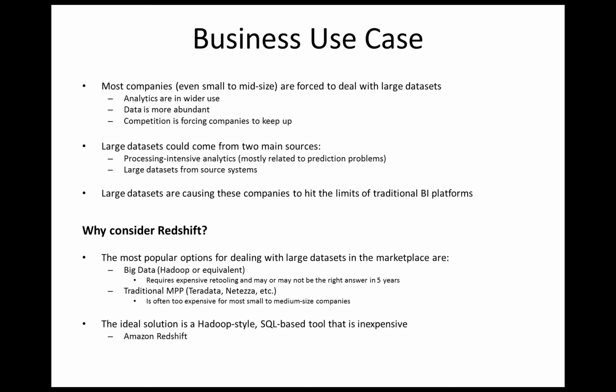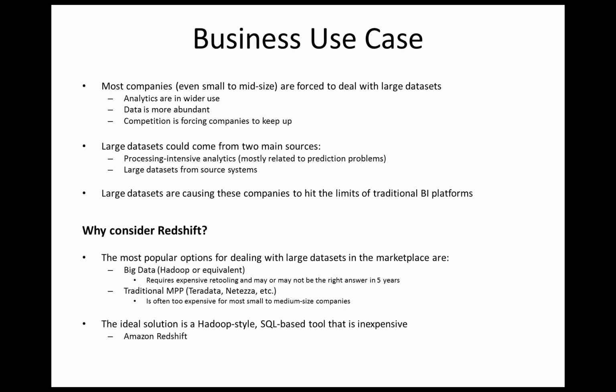What's happening is that these large data sets are causing companies to hit the limits of traditional BI platforms. And so that's when you start considering alternatives. And when you look in the marketplace at the most popular options for dealing with large data sets today, the one that has the biggest marketing cloud, the biggest PR, is what you hear about as big data and Hadoop, or something equivalent, but Hadoop has the lion's share.